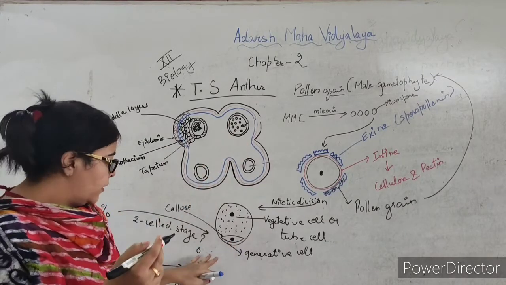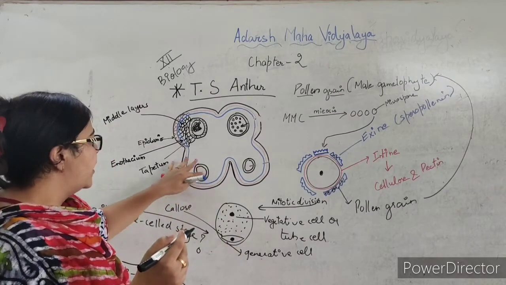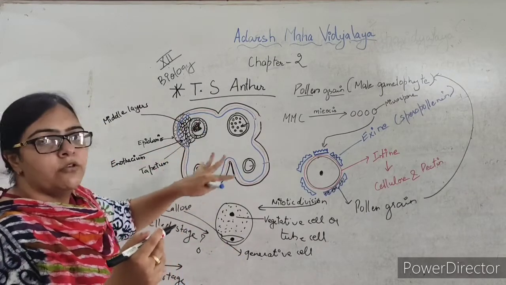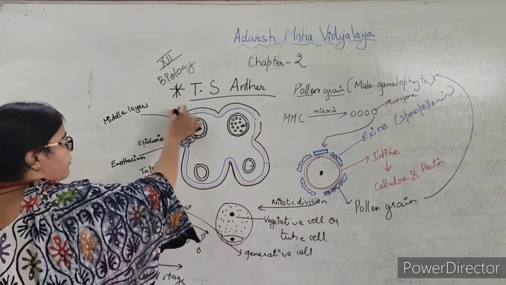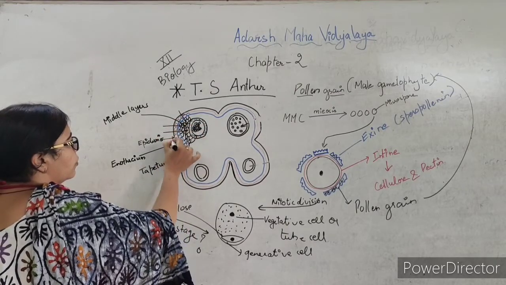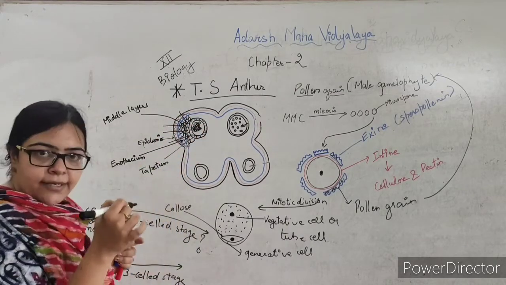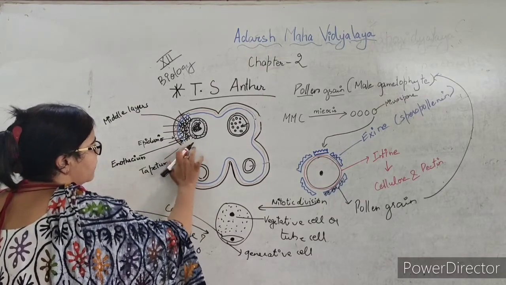Now after all these events, the pollen grain needs to be shed from the microsporangium structure, the anther. So the layers which we have talked about will now become fibrous, that is, dehydrate.